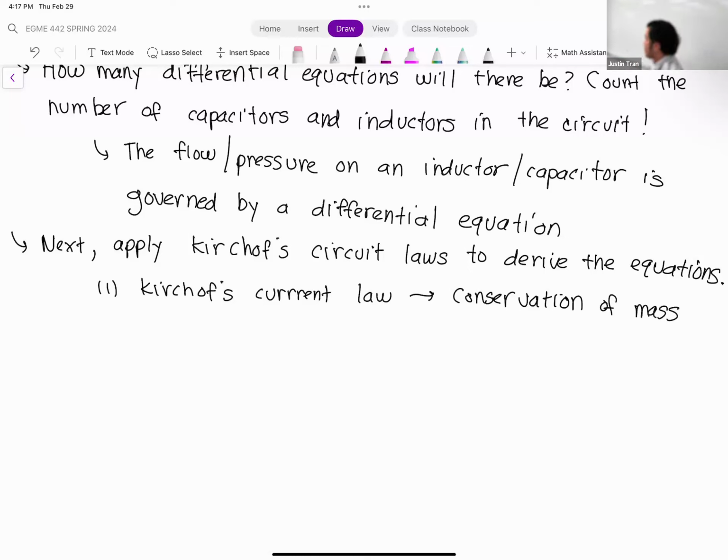In electrical terms, it's conservation of charge, I guess. Conservation of mass in a flowing fluid situation means that inflow is equal to outflow. The way that we apply Kirchhoff's current law in a circuit like this is at the junction, whenever you have flow that's going to split into multiple paths.